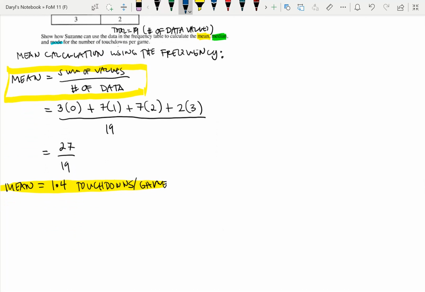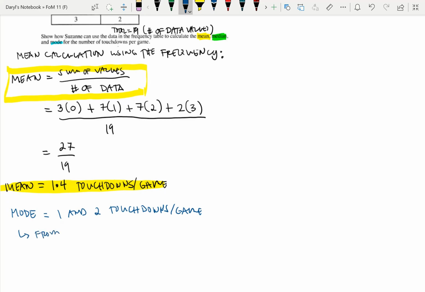Well, if you look at the mode, it would be 1 and 2 touchdowns per game. Again, how would you know this one?